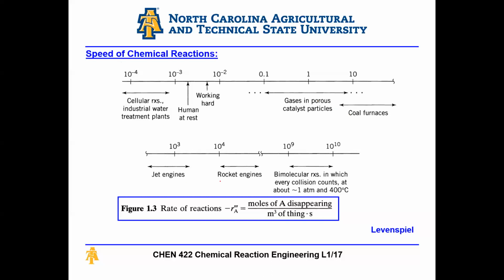In rocket engines, you want the reaction to happen even more quickly, on the order of milliseconds. And then you have biomolecular reactions, which you want to happen almost instantaneously. So reaction rates can span a very wide range.